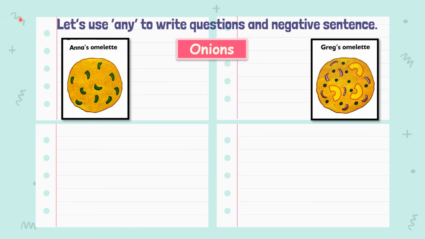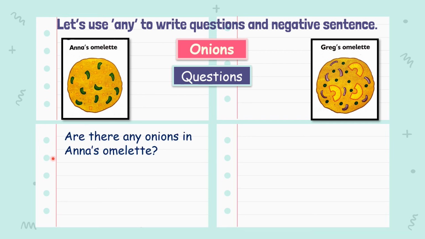The next example is onions. So again, you will start off by writing the questions using any. Let's look at Anna's omelette. Are there any onions in Anna's omelette? The answer is no, they aren't. What about Greg's omelette?